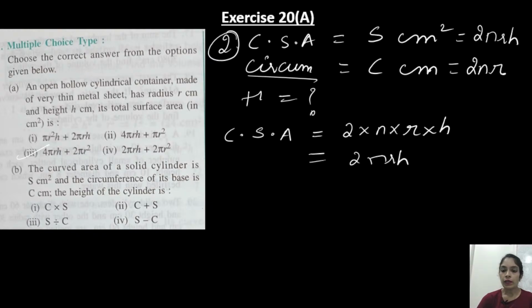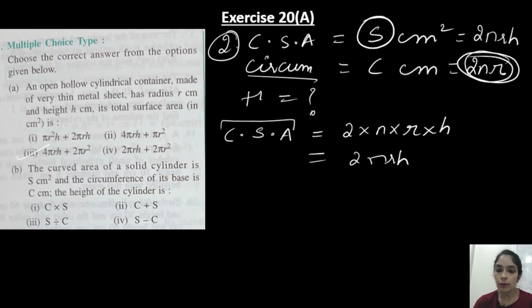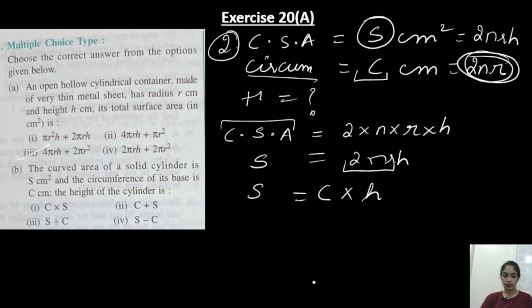Now here you can see we know the value of 2 pi r, so I'm just going to substitute here itself. CSA, its value is given to us as S. So S is equal to 2 pi r's value. 2 pi r is the circumference, so C. C into H. Now H we have to find.